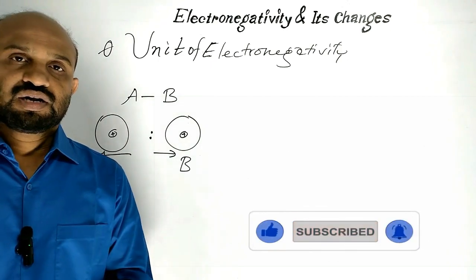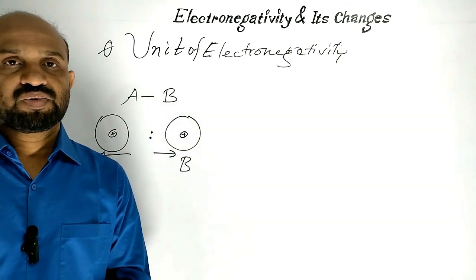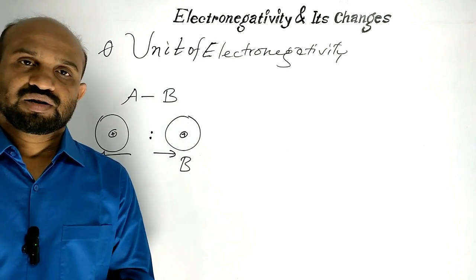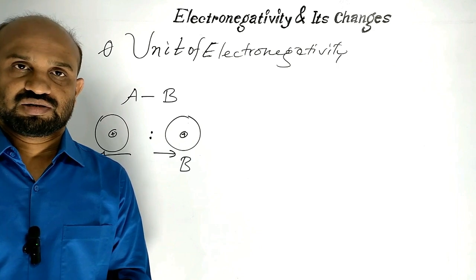That is, electronegativity is simply a relative term. That is why electronegativity has no unit.